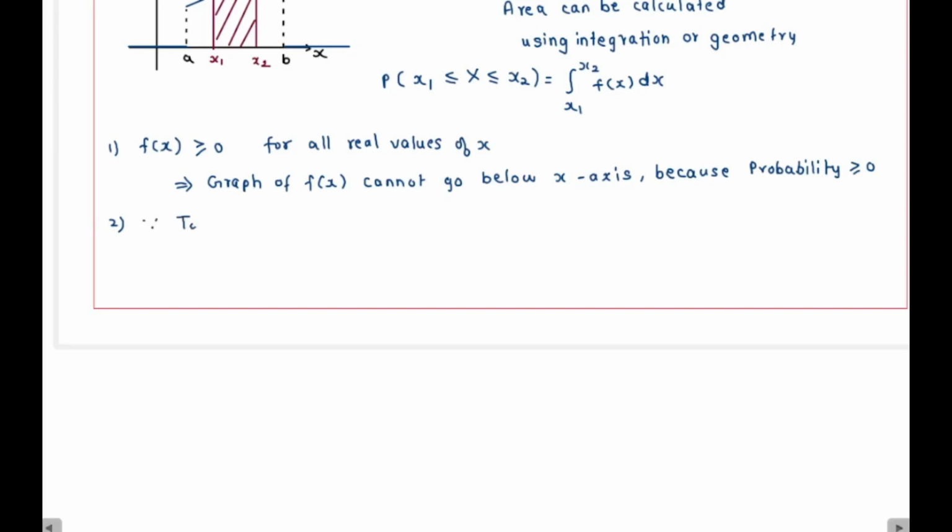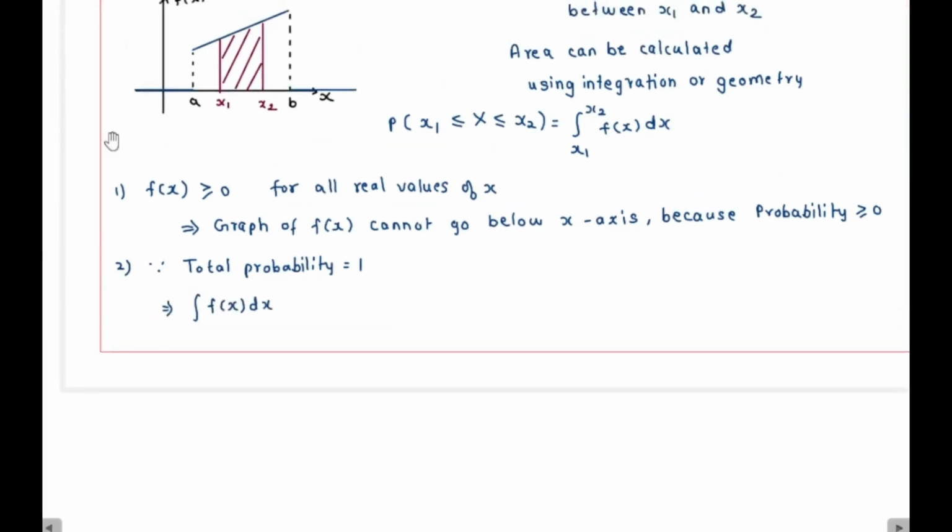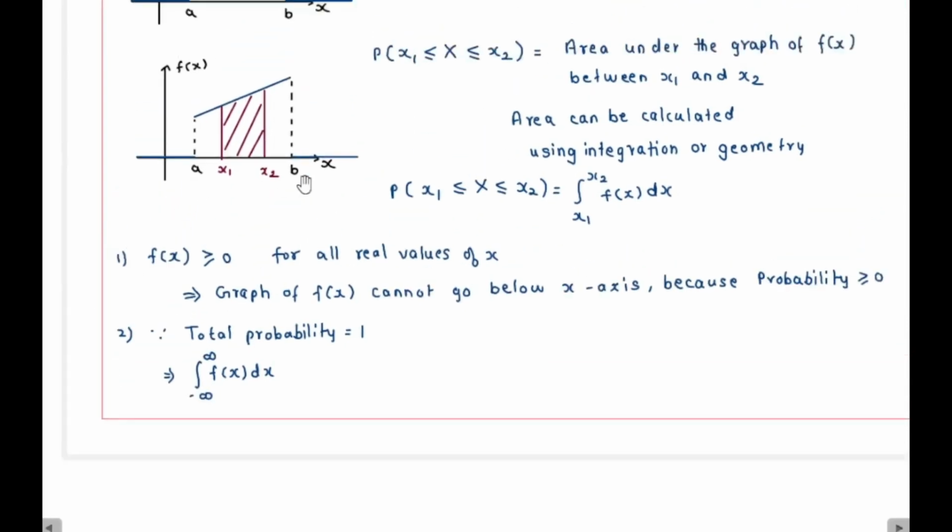Correct? Since total probability is 1, this means if I find the integration of f of x for all real values of x, from minus infinity to infinity, even if it is defined between a and b, for the rest of the values it is defined as 0. For values less than a the probability is 0, and for values greater than b it is 0.